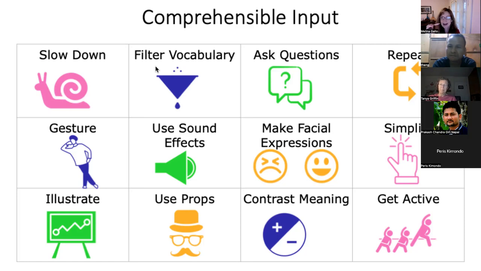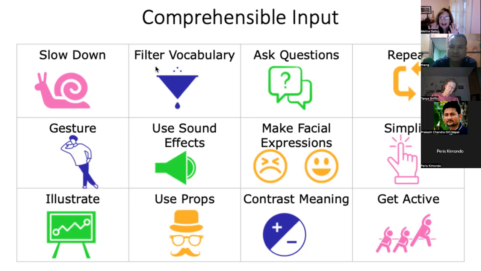And here we have in my hand a pen. Okay, so that was a bunch of words, and the student may not understand all of the words. But if we just hold it up and say, a pen, a pen, that is filtering our vocabulary.